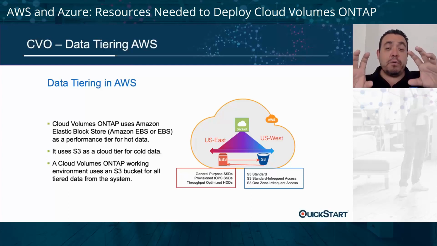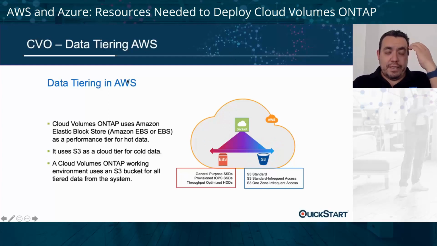If you keep them both within the same region, tiering back and forth is going to be at no cost, besides the cost that you have to pay for the actual space consumption, right? So Cloud Manager always creates the bucket within the same region. Now, you can create the bucket manually if you want to, and then we can attach the bucket, okay?